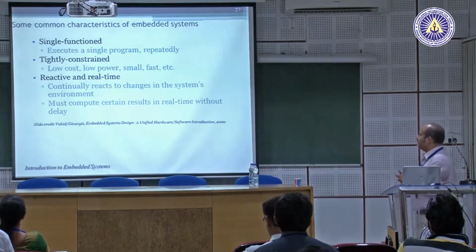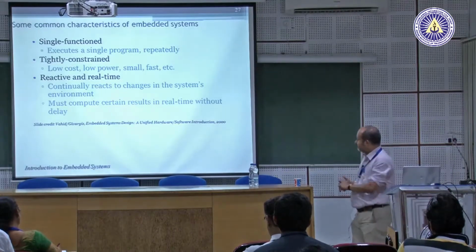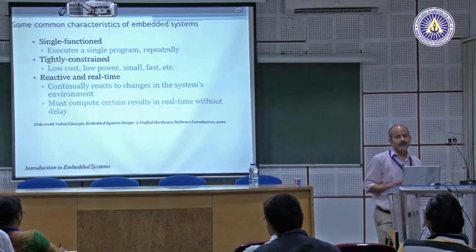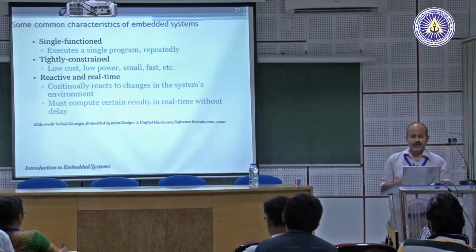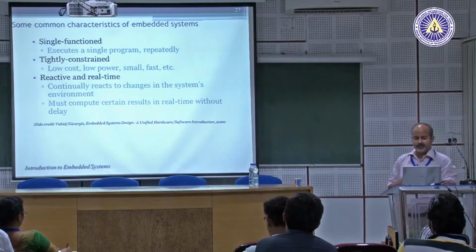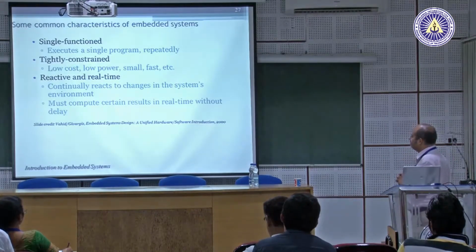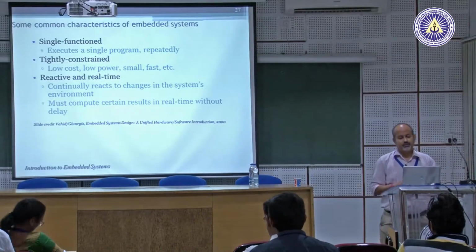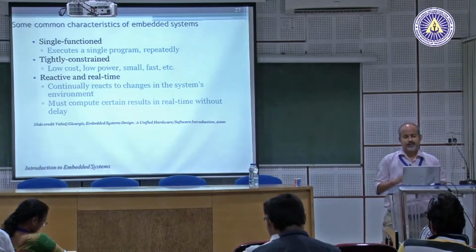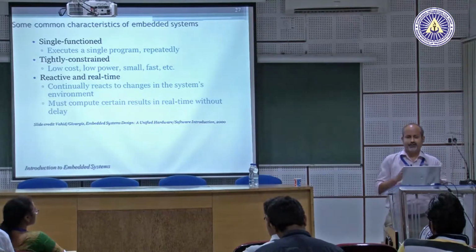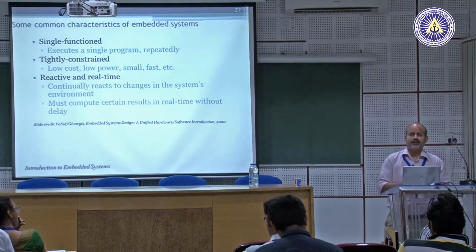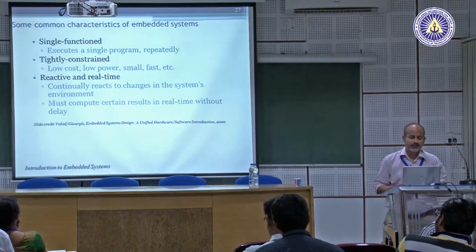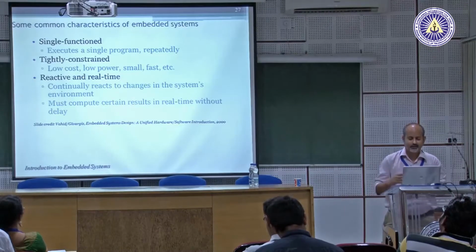Now what are the common characteristics of embedded systems? One common characteristic is that normally you want to do a single function, a single goal, so usually you get a single function out of an embedded system. Even in cars, right? The music entertainment system is a different embedded system compared to your brake system, your air condition system, your acceleration system or your cruise control system.